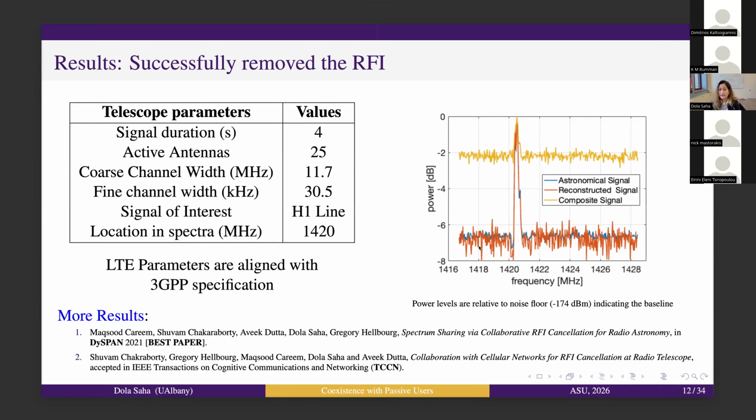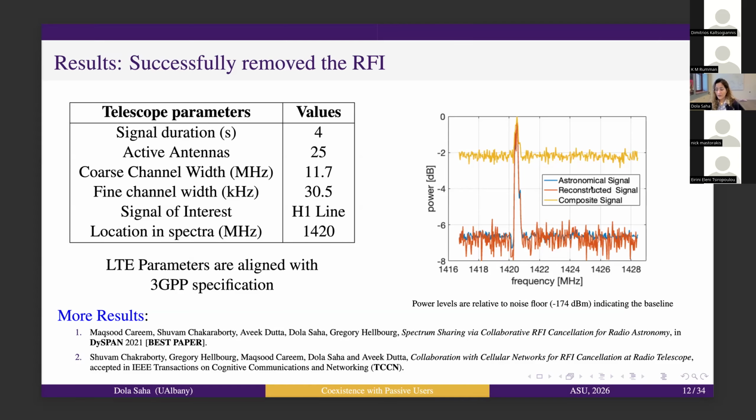And we started with the blue signal, which is the one over here hidden behind. And after we did all of this decomposition and canceling, we end up getting the reconstructed signal, which is the orange color. And that resembles the astronomical signal very closely.